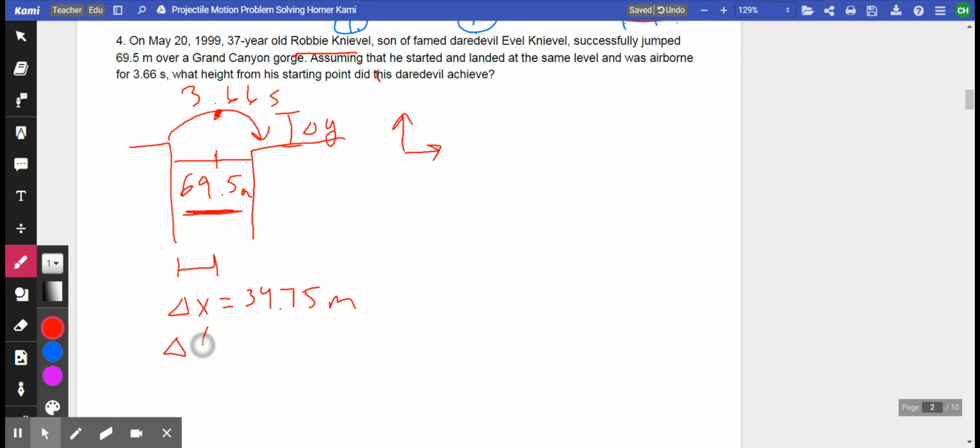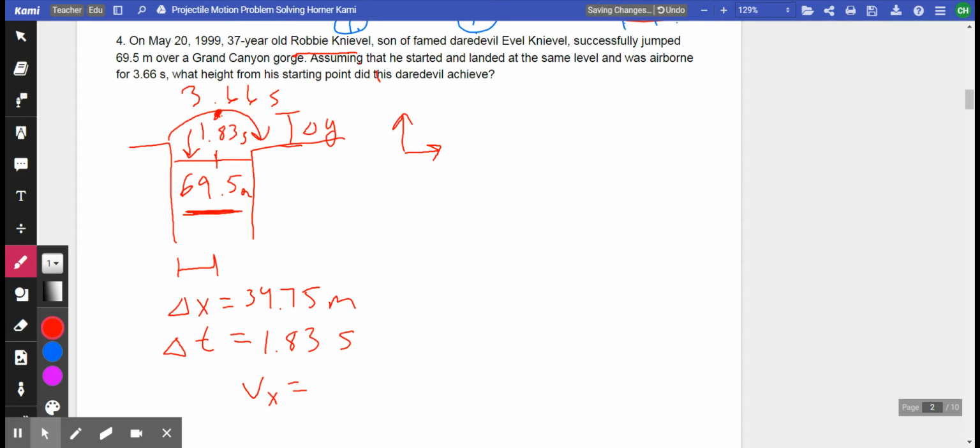How long did it take to go that? So that's our delta t, and that's equal to 3.66 divided by 2. So 3.66 divided by 2 is 1.83, and that is the time it takes to go that distance. So this is 1.83 seconds. So now we can find out what is our velocity in the x direction.